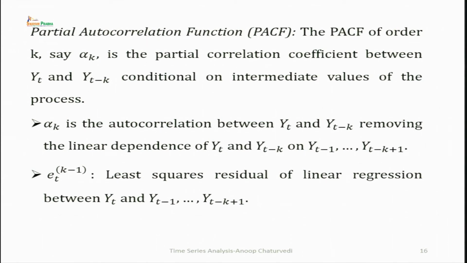So, here also we have defined the partial autocorrelation function as we defined for a set of random variables. Suppose you have 3 random variables x, y and z.